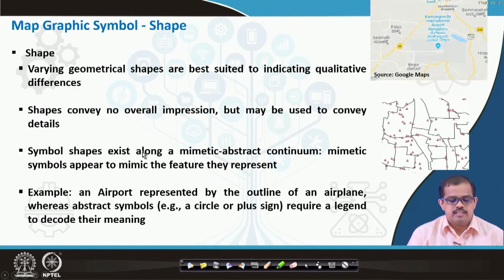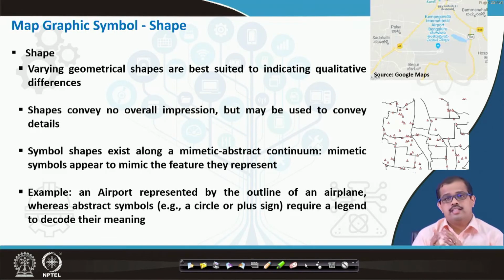Symbol shape exists along a mimetic-abstract continuum. Mimetic symbols appear to mimic the feature they represent. For example, you may have looked at Google Maps. A restaurant is represented with a fork, a spoon, and a plate.